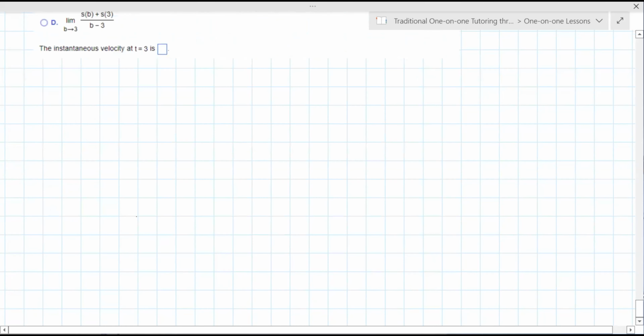So let's say there's a curve that looks like this, and this is A. Actually, let me do it differently.